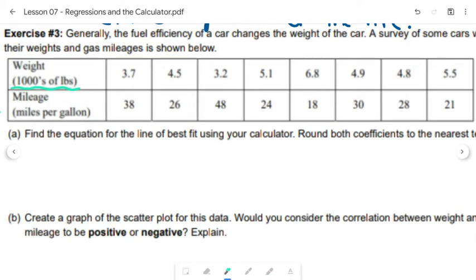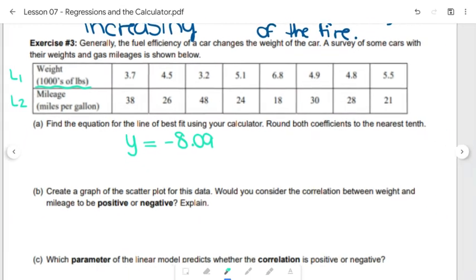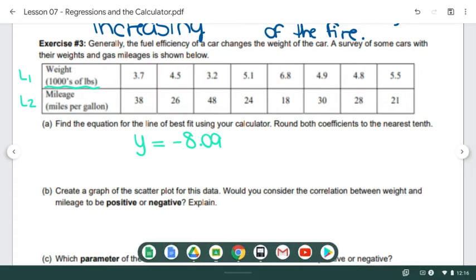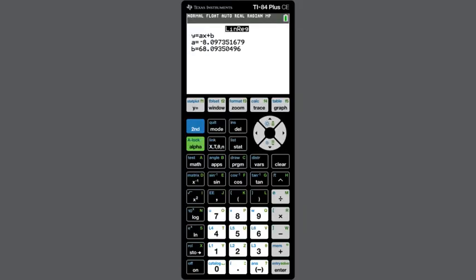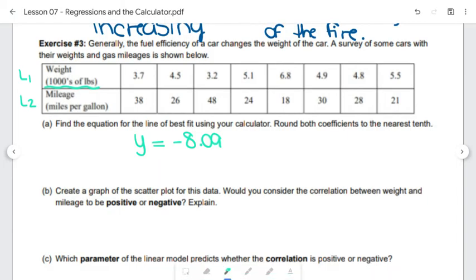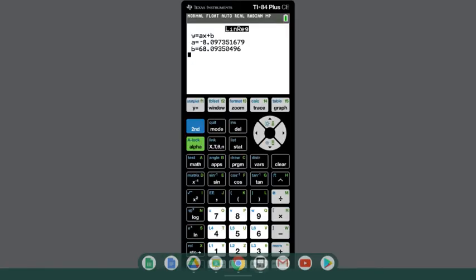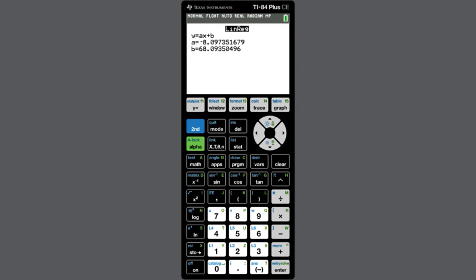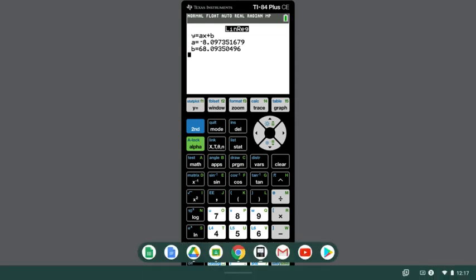And I get my equation of my line to be y equals negative 8.09735x plus 68.1 or 68.0935.